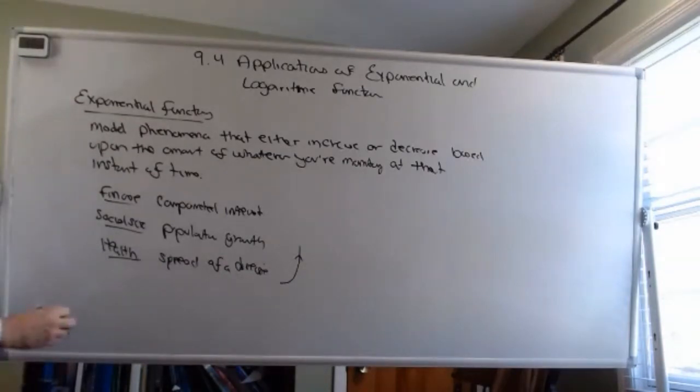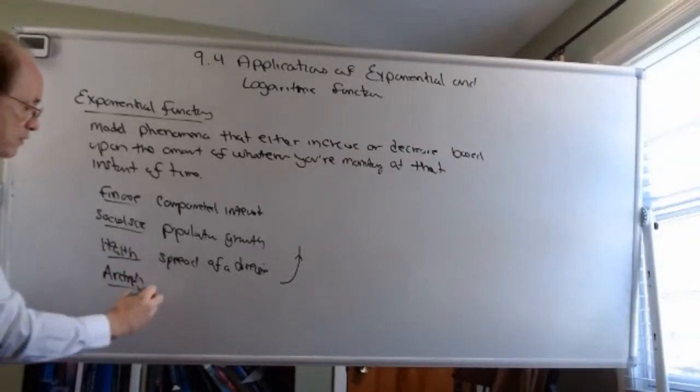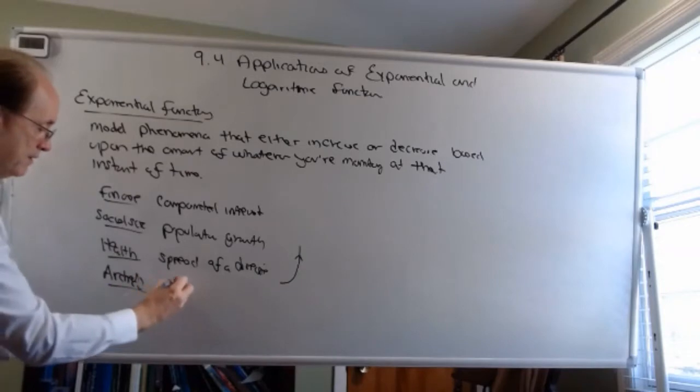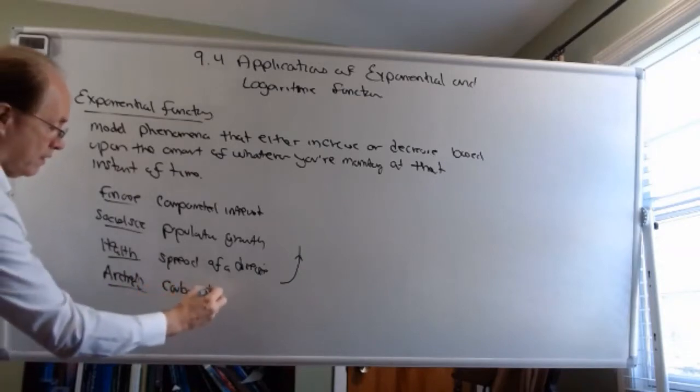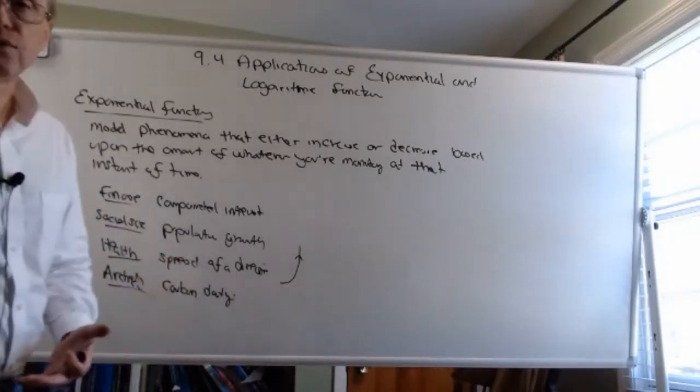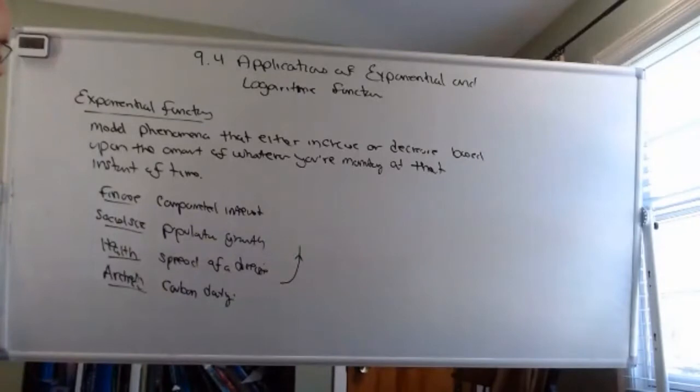And it's also in, say, archaeology. You can monitor the radioactive decay, so carbon dating comes into play here. Or even in health, how long a drug stays in your system, anything that decays.